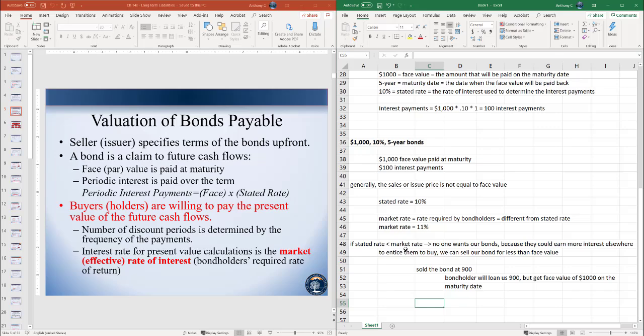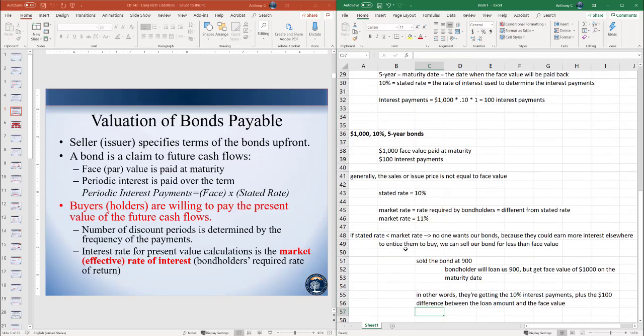So effectively, what's going to happen is they're getting the 10% interest payments plus the $100 difference between the loan amount and the face value. They only loan us $900, but they get back $1,000 plus the interest payments.